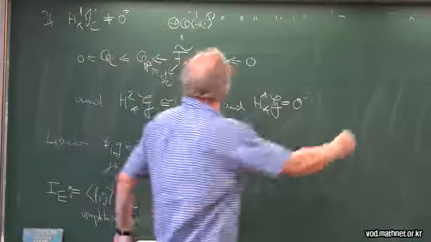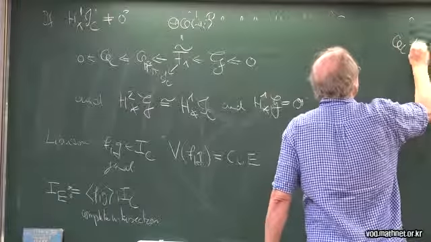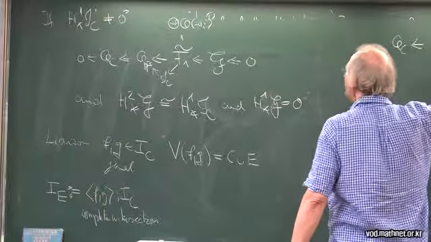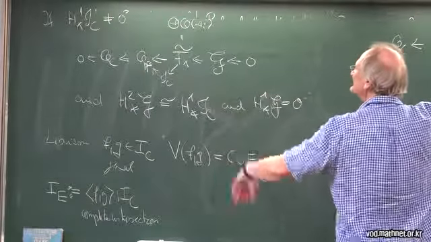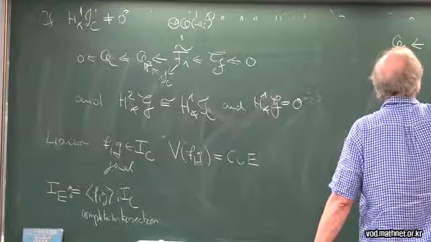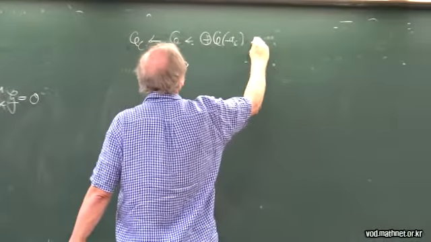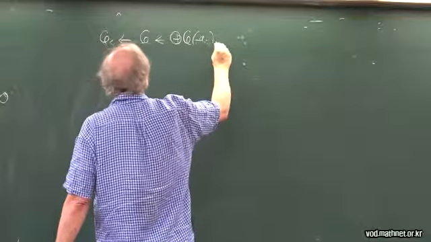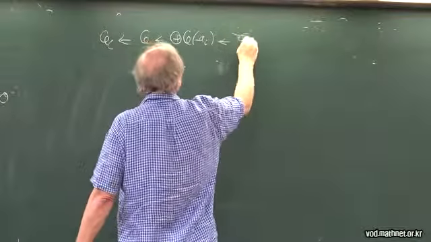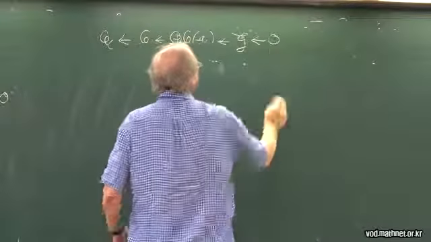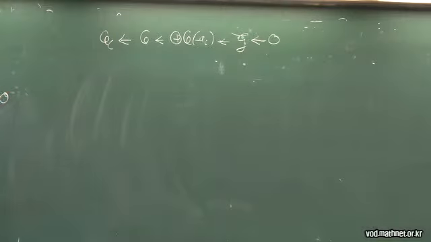So I have my O, I have here the direct sum of line bundles O of minus AI, and then I have my bundle G on one side.